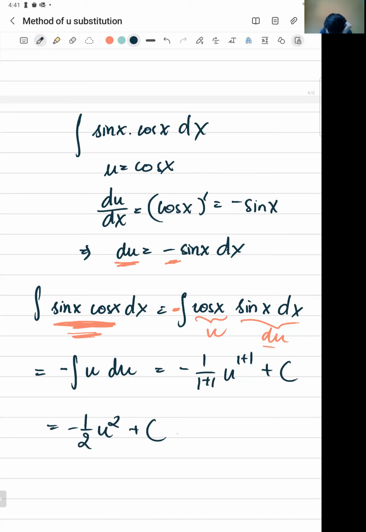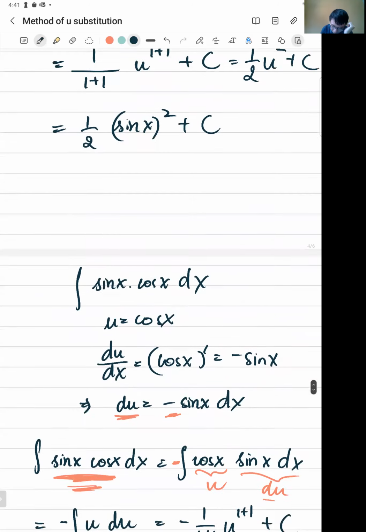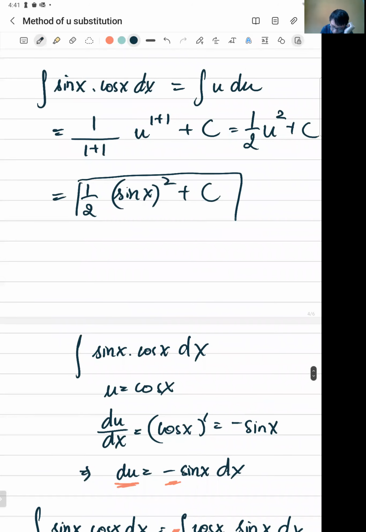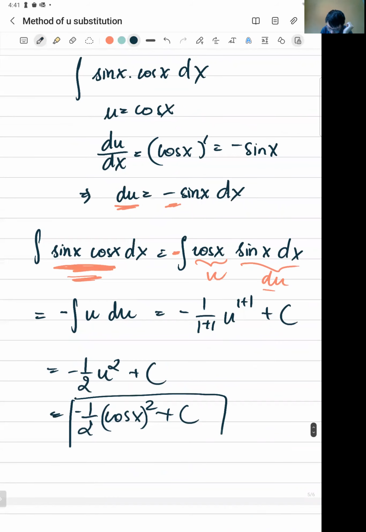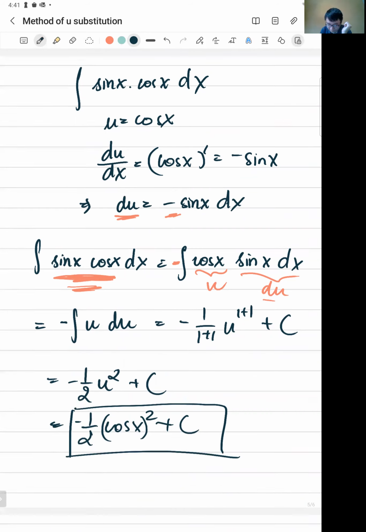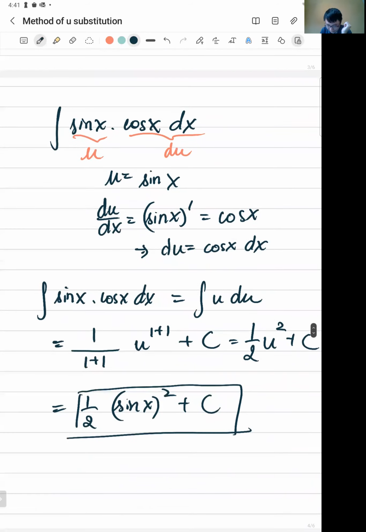Am I finished yet? Not yet. It's equal to negative 1 over 2 cosine of x squared plus c. So the first problem, I got this answer. The second problem, sorry, this is the second problem. They're the same problem. The first one, I used sine of x as u, and I got this answer.